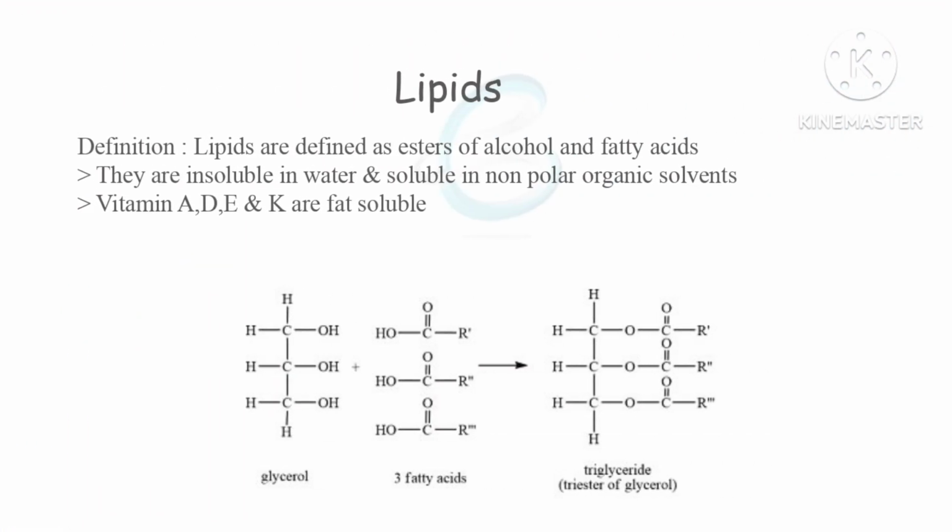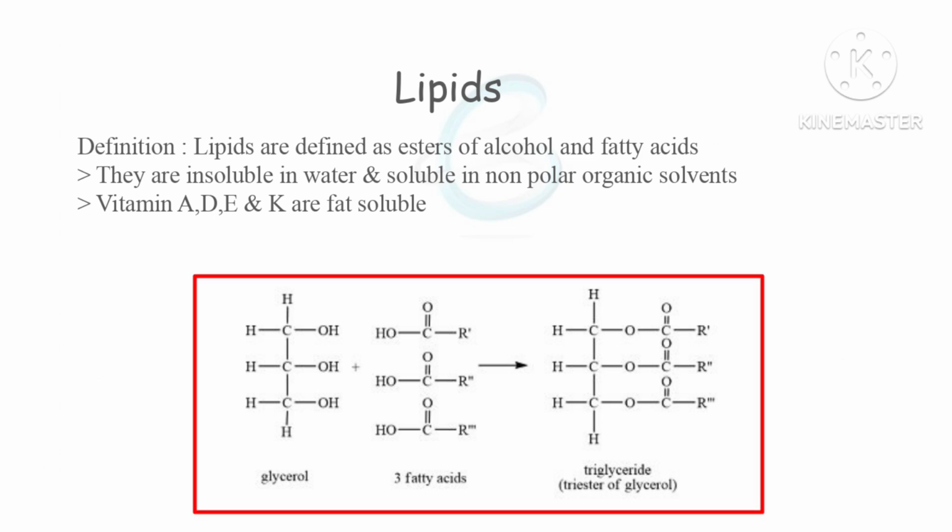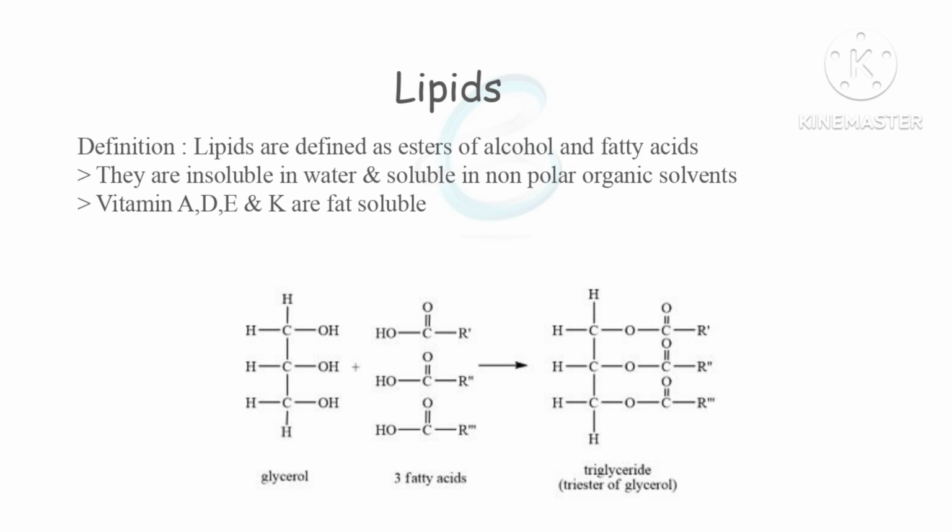Let's start first with the introduction. What are lipids? Lipids are defined as esters of alcohol and fatty acid. We'll take one example, triglyceride formation. Triglyceride is mainly formed by glycerol and fatty acid molecules. What happens here?